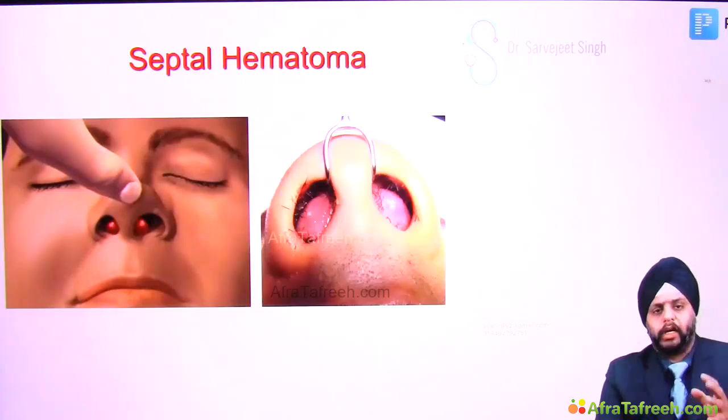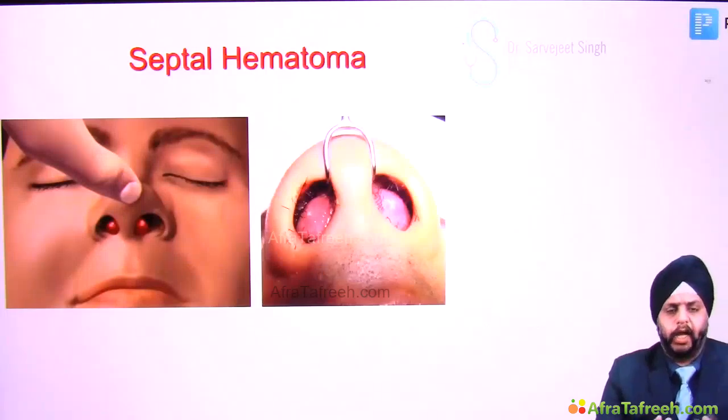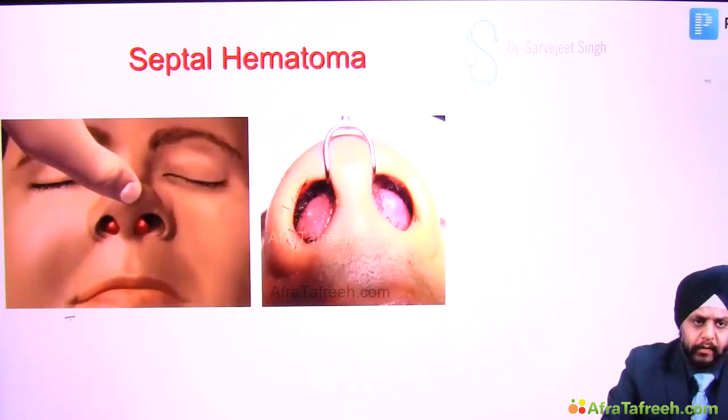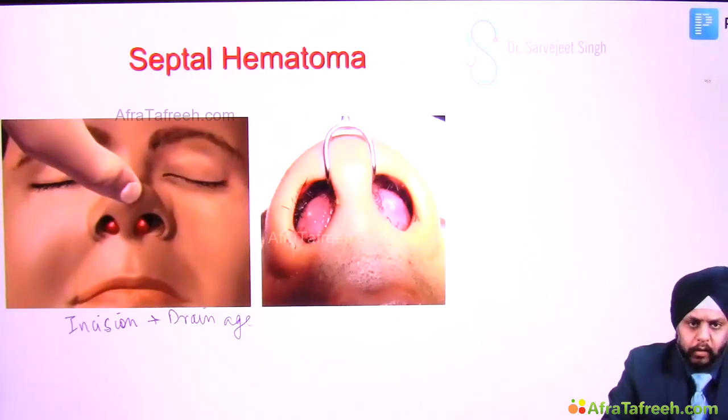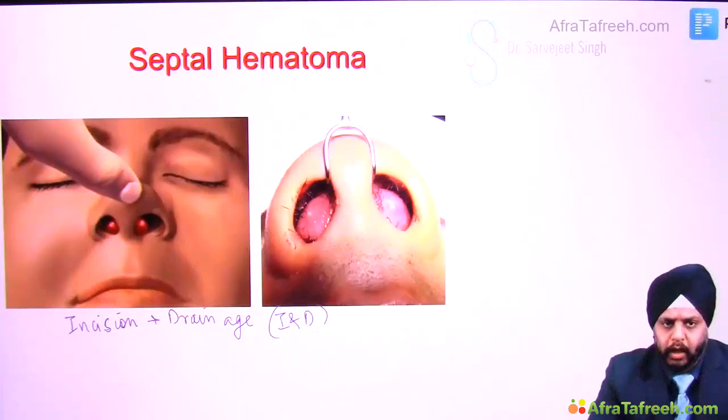Now, what treatment will you offer to this patient? We have to drain the hematoma. So the treatment is incision and drainage, IND. But when you do incision and drainage, the bleeding is still there.